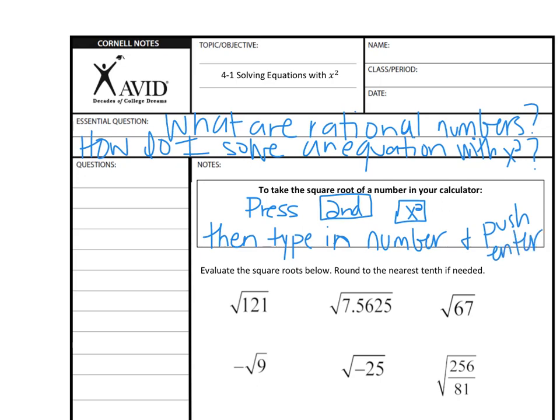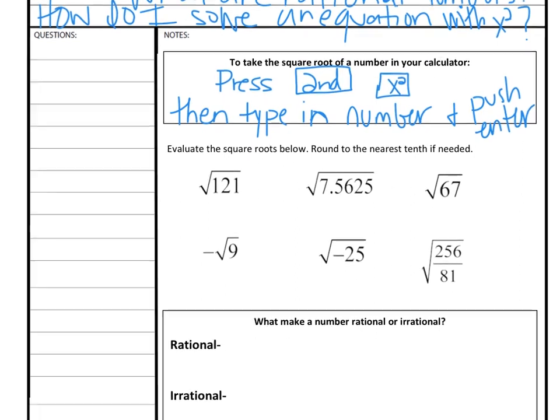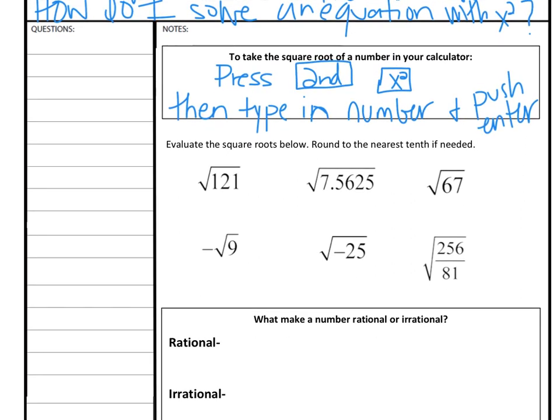Now we get to practice them. So the square root of 121, we could do that in our calculator, but we should know in our head that's one of the perfect square roots. It's 11. And it says to find these square roots and round them to the nearest tenth if needed, but we don't need to round that. It's a whole number. The next one, square root of 7.5625.